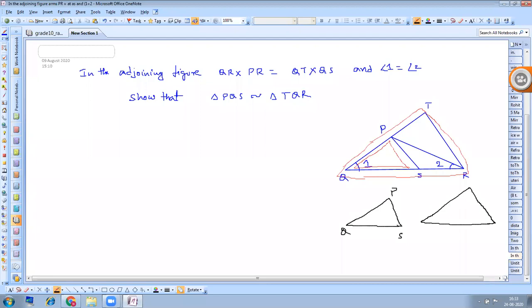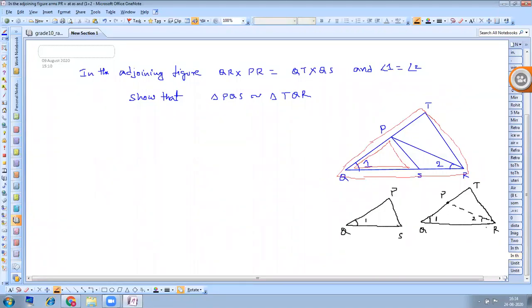So this is angle 1. This is angle 2. We are not bothering about it. T, Q, R. See here, these two triangles I have to prove. There is a P here. If I join P, there is an angle which is equal to angle 1. What does this say, guys?